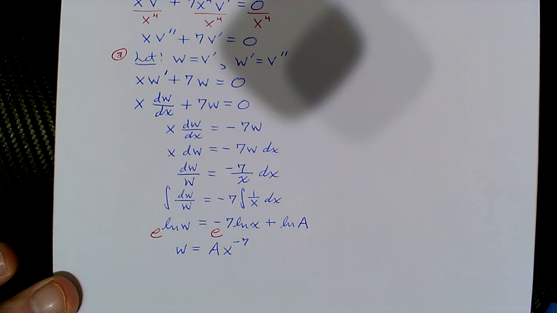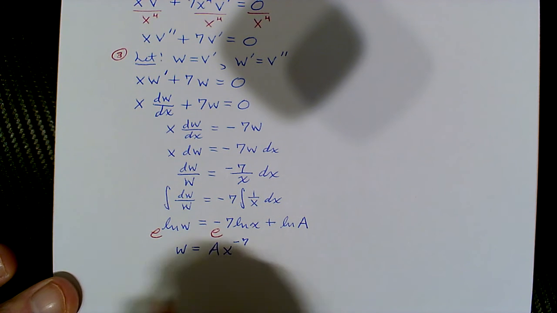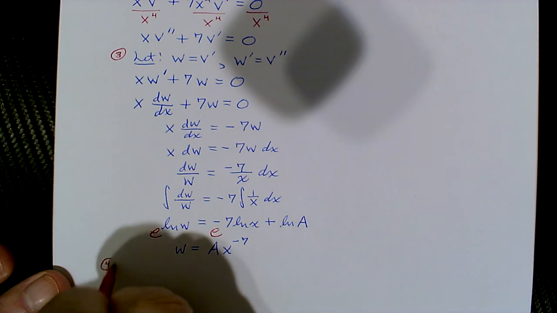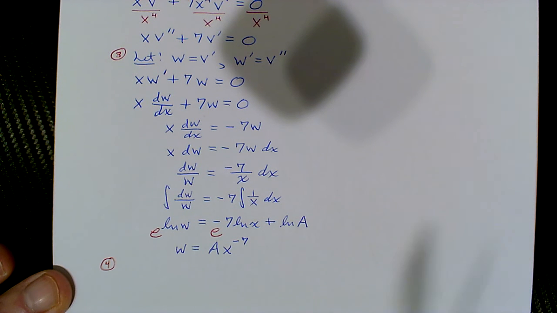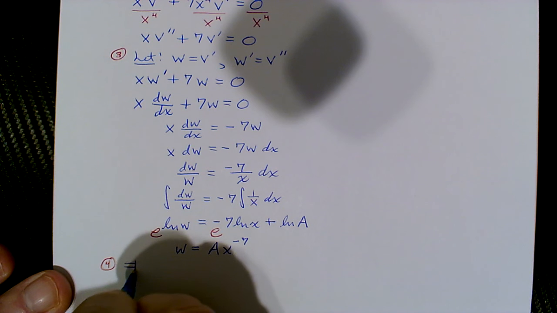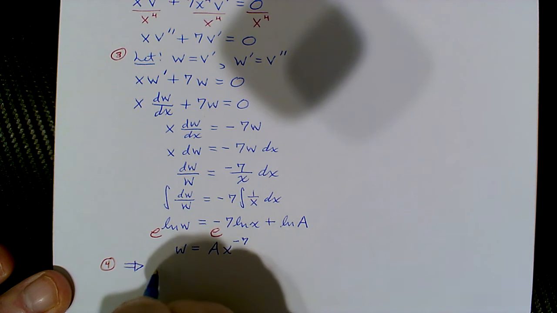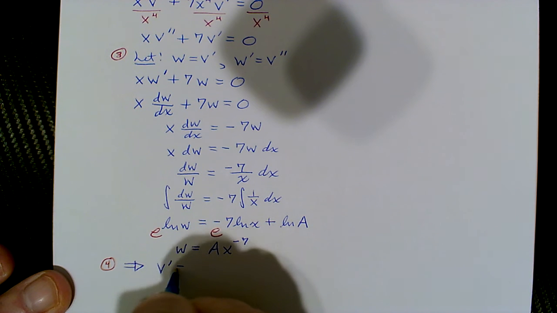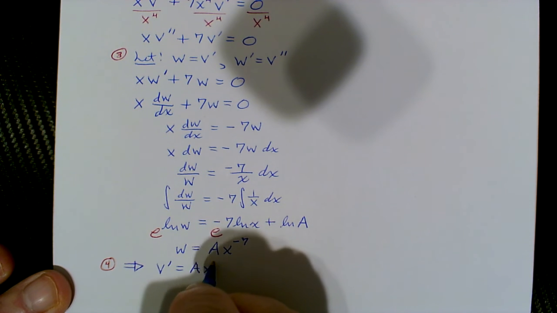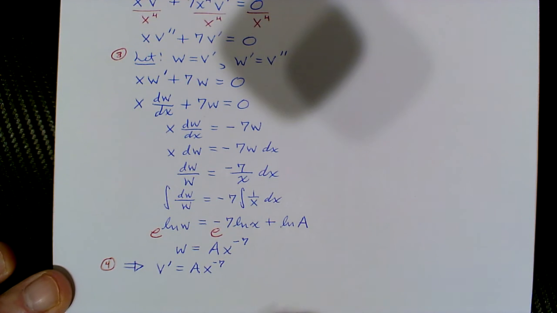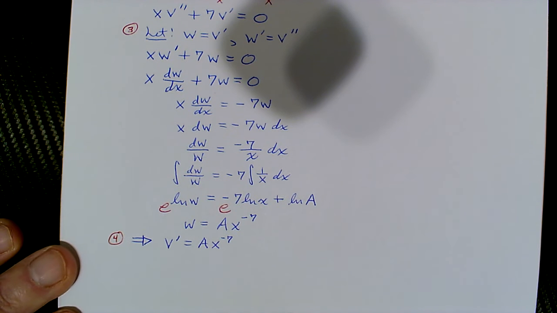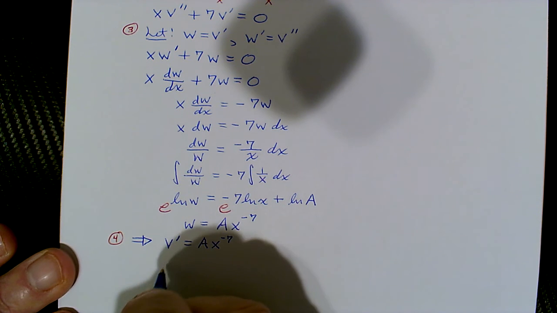And then is step 4, basically, where we go back to calling w v prime, and we integrate to find v.